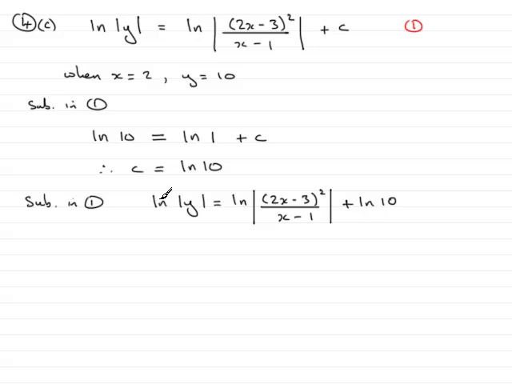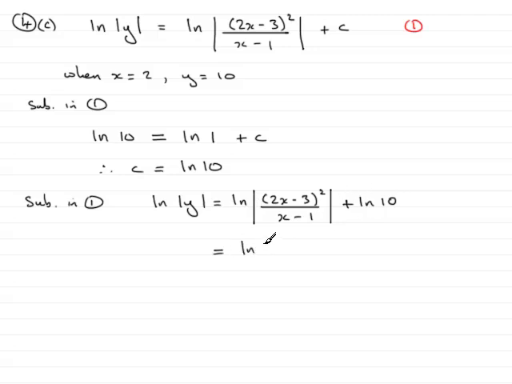Now we have an equation with 3 terms in, and when you're dealing with logs, what you must do is reduce this down to 2 terms: 1 term on one side of the equals and 1 term on the other side. So what I'm going to do here is use the addition rule for logs, which reduces down to this: the natural log of the product (2x − 3)² over (x − 1) times 10.